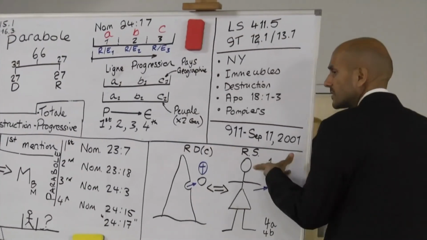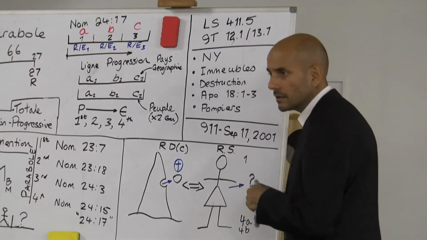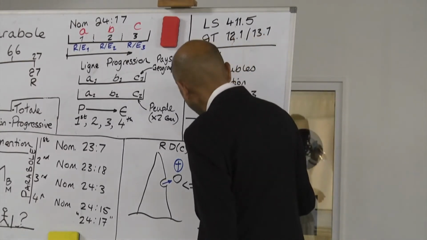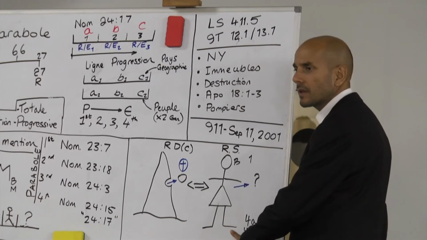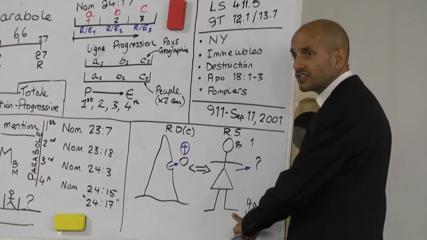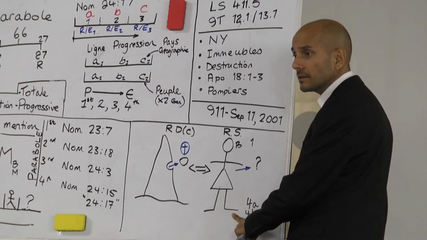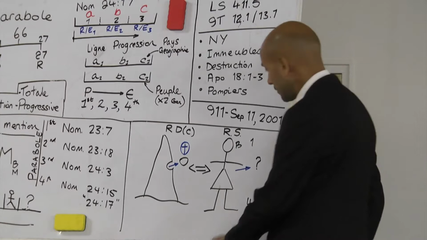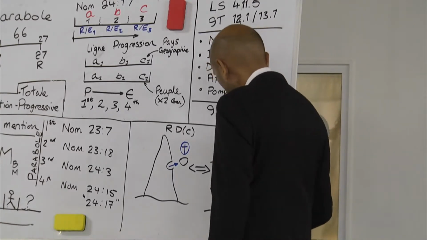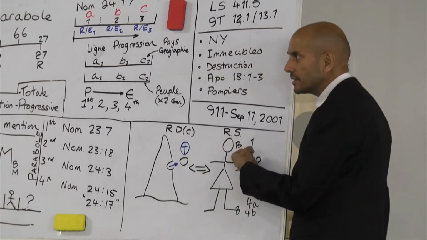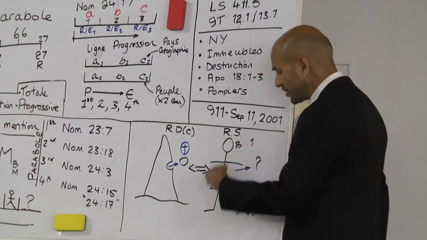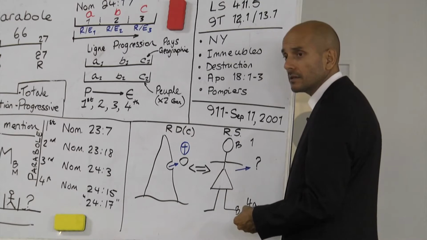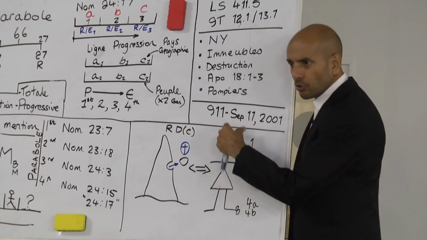What kingdom is this? Babylon. What kingdom is this at the bottom? Revelation 17, verse 5: Mystery, Babylon. So if it's Babylon from the head to the feet, this must be Babylon all the way through.